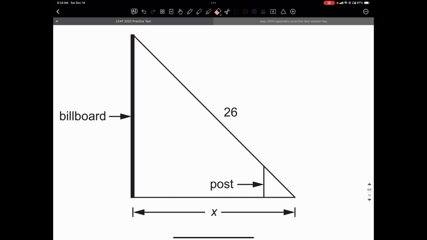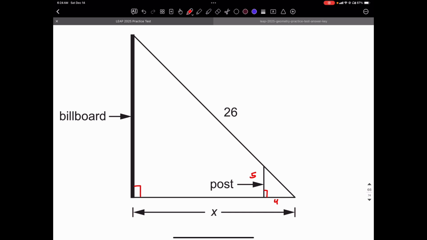So first things first, we are given that this length from the post to the base is 4, and we know that this post height is 5, okay? Those are the two things we're given. I'm going to go ahead and note that this and this are both right triangles.